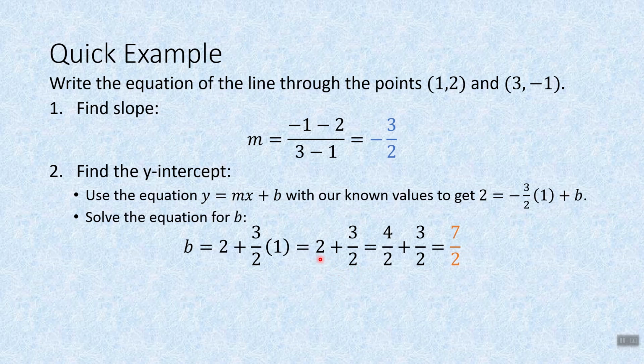We could rewrite 2, a whole number, with a denominator of 2 by turning it into the rational number 4 over 2, right? 4/2. So 4 over 2 plus 3 over 2 makes 7 over 2, our y-intercept. So we could write this equation as y equals negative 3/2 x plus 7/2.